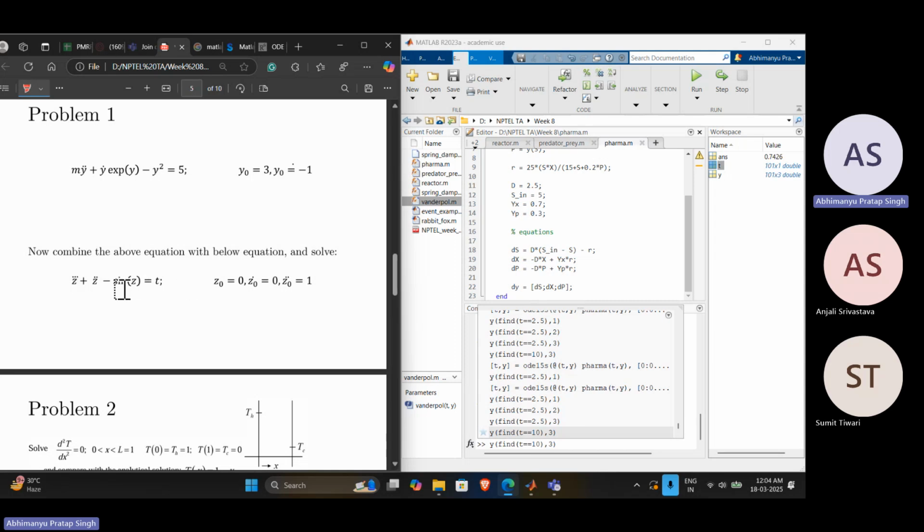And this is a third order ODE. So I will try to solve this third order ODE for you.